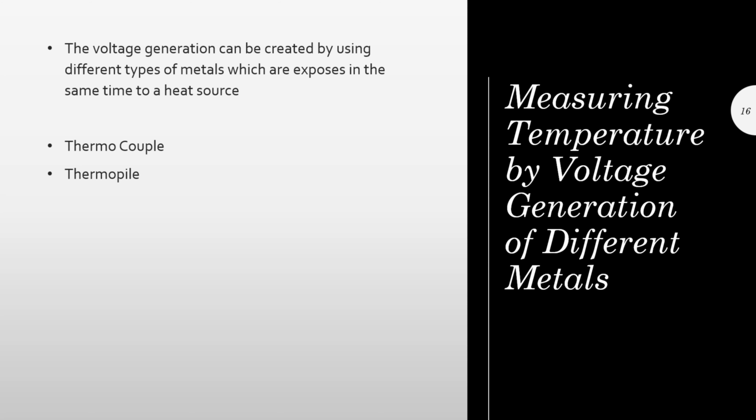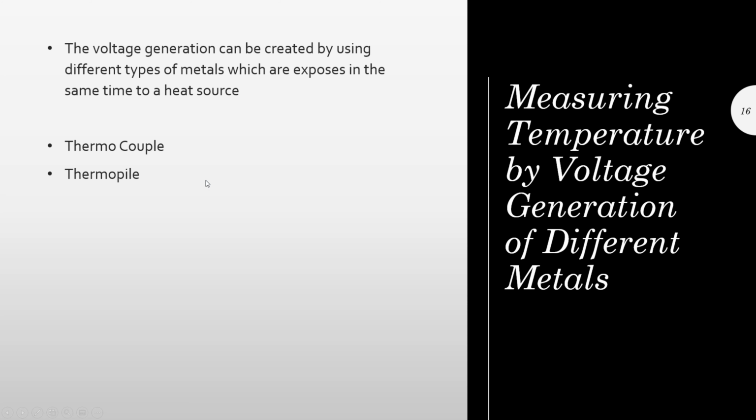This device is known by the famous name thermocouple. Couple means two things connected together, and thermo because of the effect of the temperature. Another device generated by using this thermocouple is called thermopile.